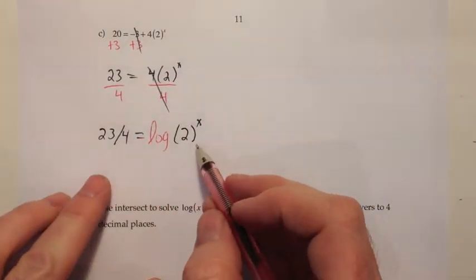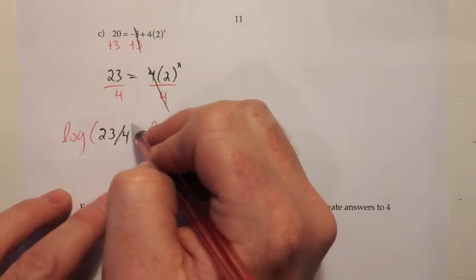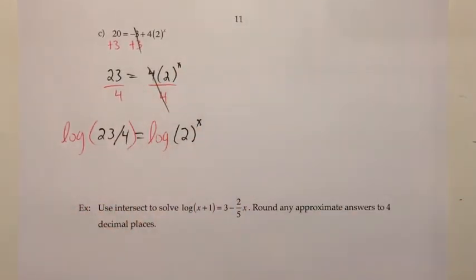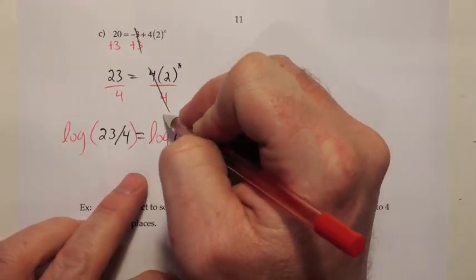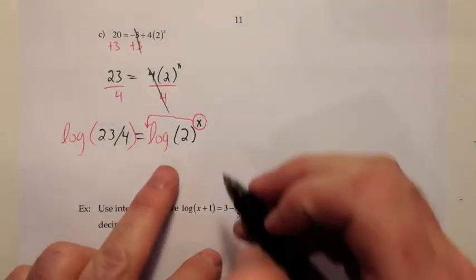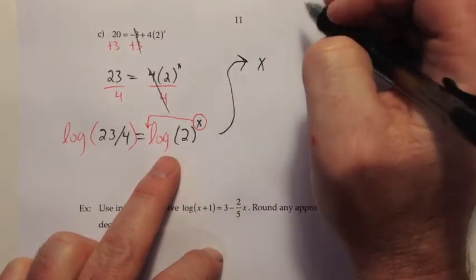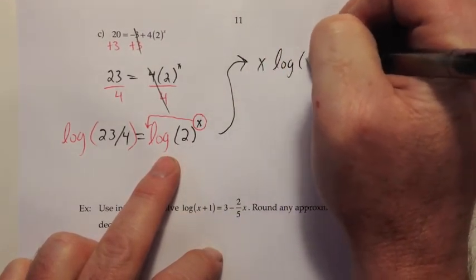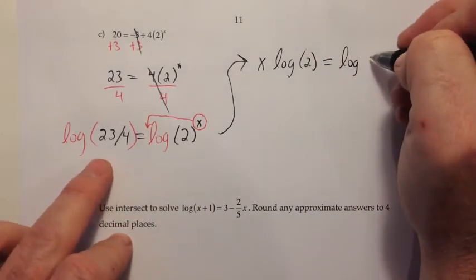And if I'm going to take a log on the right, I'm going to take a log on the left as well, and remember when it's a fraction it has to be a log of the whole fraction. But the reason we do that is because of that property of logs that says when you have an exponent in a log, you can move that to the front. So if I rewrite that, and I'll go ahead and switch sides here, that x comes down, I still have the log of 2, and on the other side I have the log of 23/4.